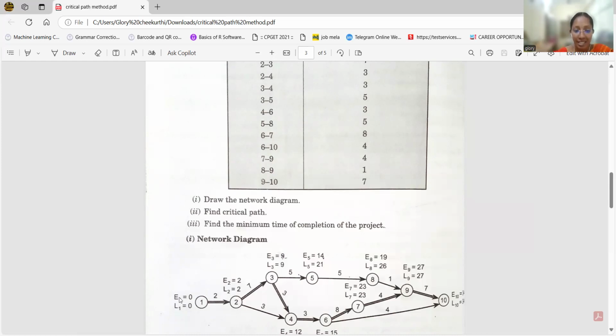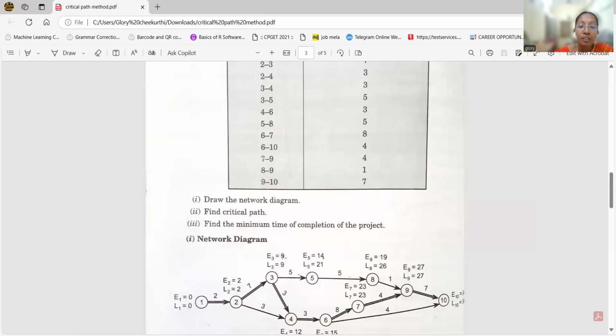That is the earliest time, taking the initial node equal to 0. Next, for the second node, we take the first node, which is 0, plus 2. 0 plus 2 is 2. And then next, the third node: it comes after completion of the second activity.